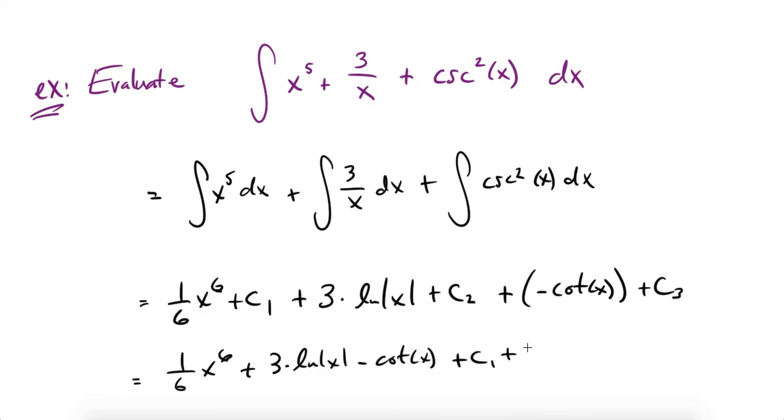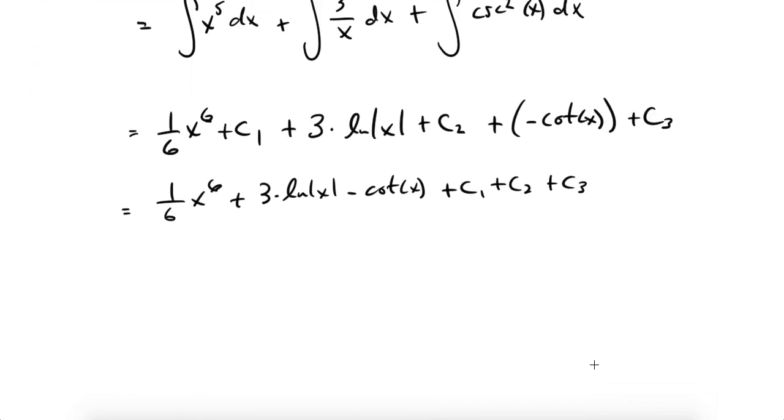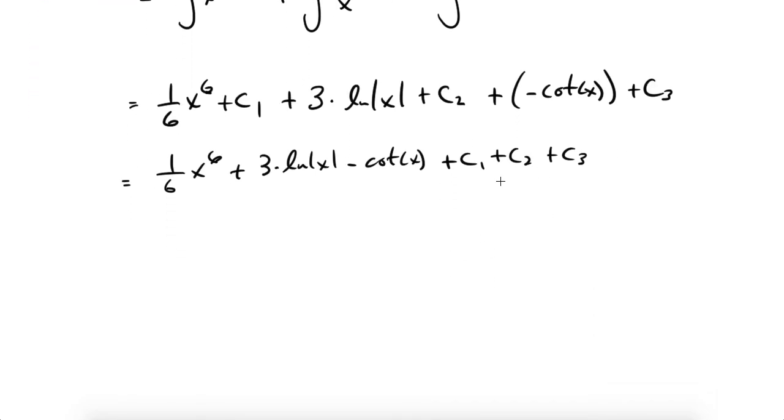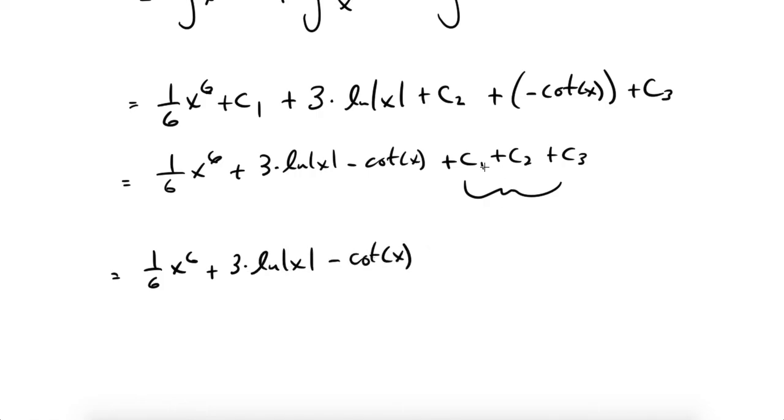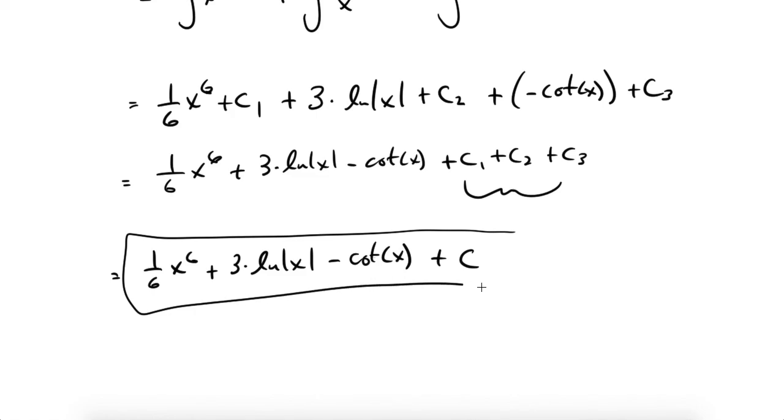Each one of these things is spitting out some unknown constant. But I don't actually need 3 different constants because I don't know anything about what these things are. If I have generic constant number 1, generic constant number 2, and generic constant number 3, I can just think of those as a group. I'll be able to add all those up and combine like terms. So I only really need 1 constant of integration, it's called, right?